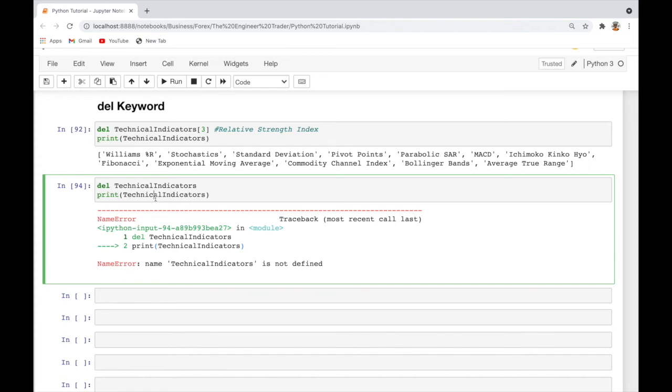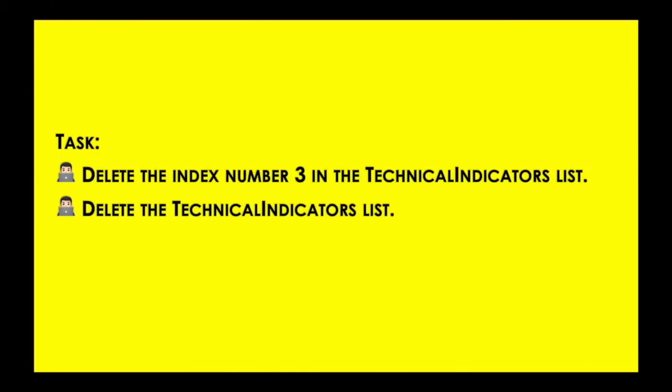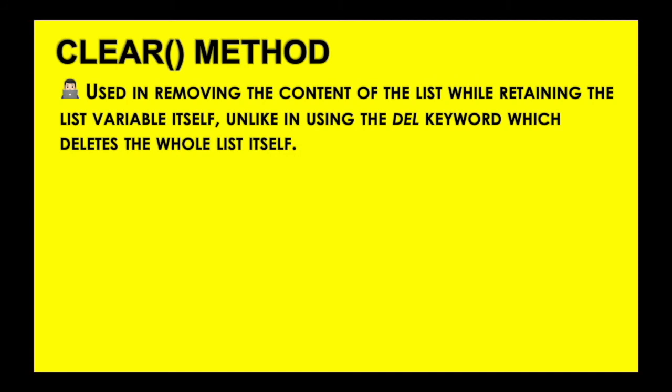Okay, so let's go back to our PowerPoint presentation. For our last method to be studied in this video tutorial, that is actually the clear method. Now, the clear method is used in removing the content of the list while retaining the list variable itself.